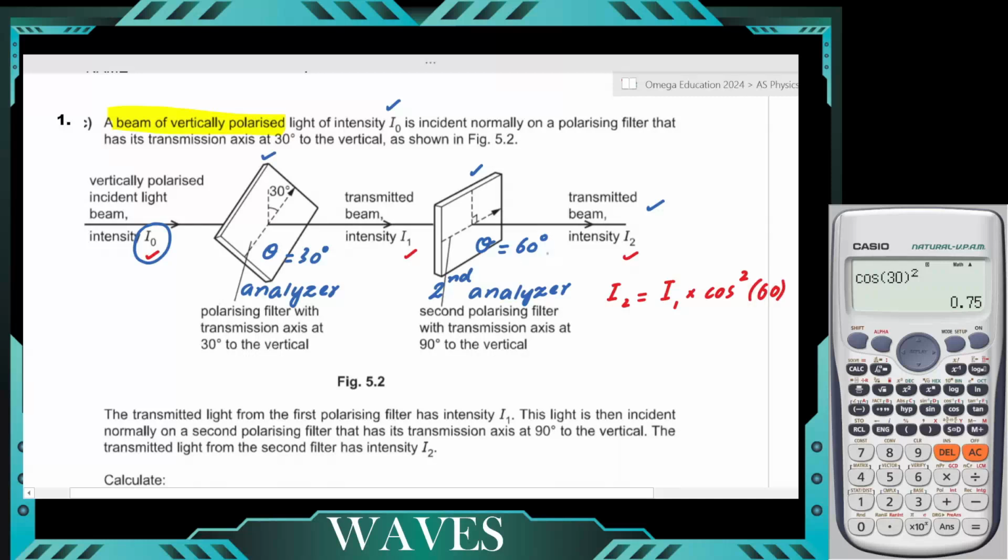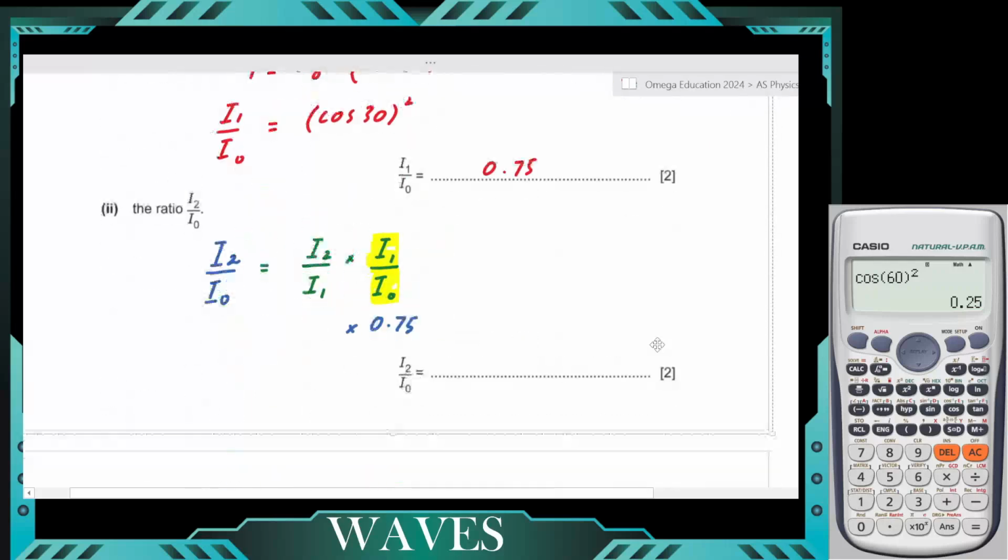And like I told you, you have to use the angle with respect to the previous analyzer. Don't take the angle as 90 degrees. So let us find the ratio. I2 over I1 would be cos square of 60. We can simply hit it on the calculator. It would be 0.25, because cos 60 is 0.5, and then square of it would be 0.25.